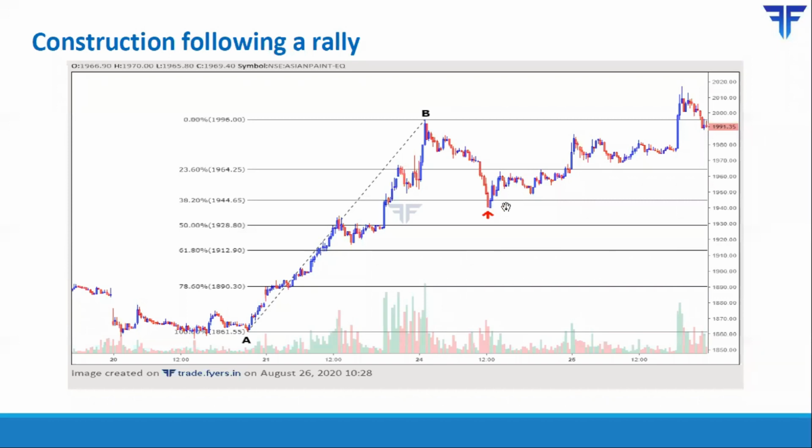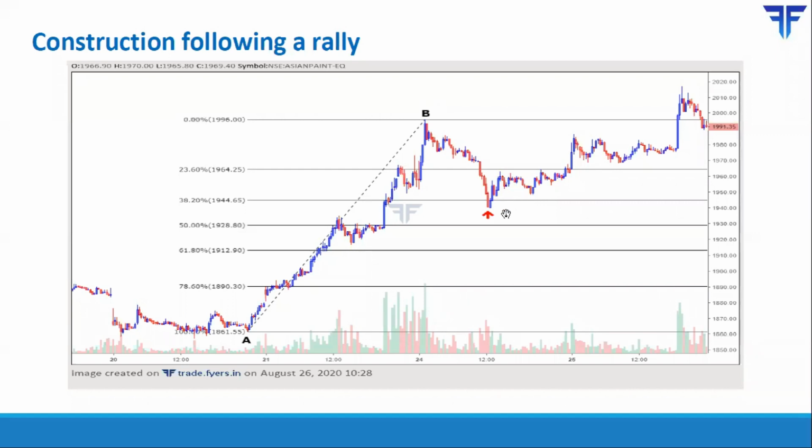So probably I can buy somewhere around here. Now, how would I trade this is, there is a recovery from 38.2%, but I'll wait for some sort of confirmation in the price. The moment price made a higher high over here, as you can see, here is the first higher low.